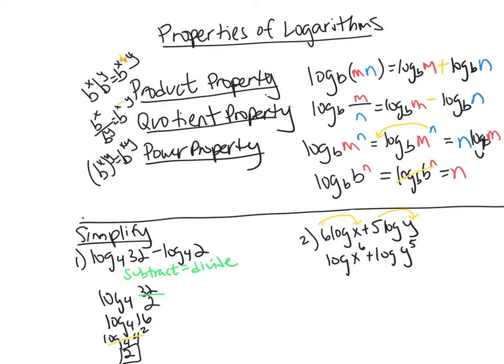And next I look at the addition, and addition regarding our log properties means to multiply. So I can take log of x to the 6th times y to the 5th. And since x and y are not the same base, I can't do anything with those exponents. I am done.